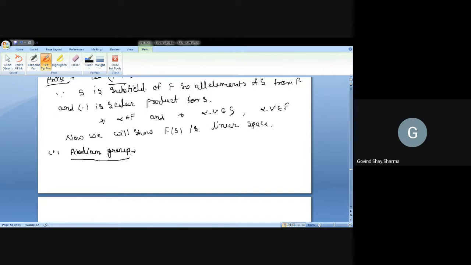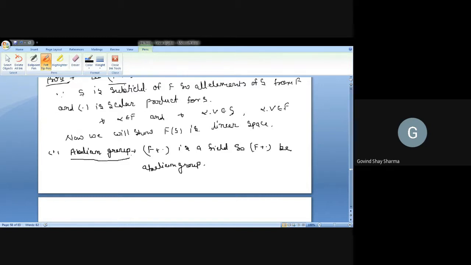For abelian group, F plus is a field, we know that, and it is given also that F plus dot is a field. So F plus must be an abelian group.